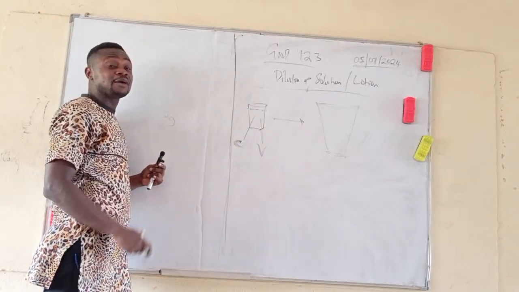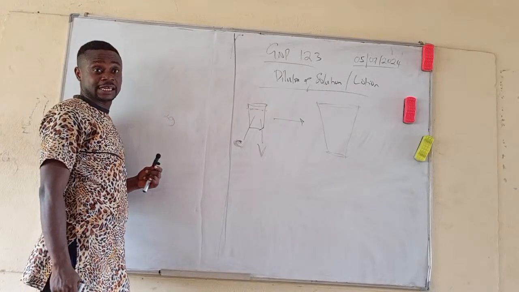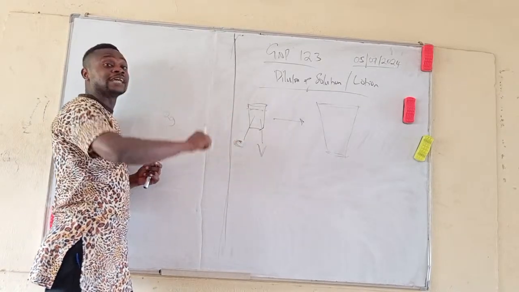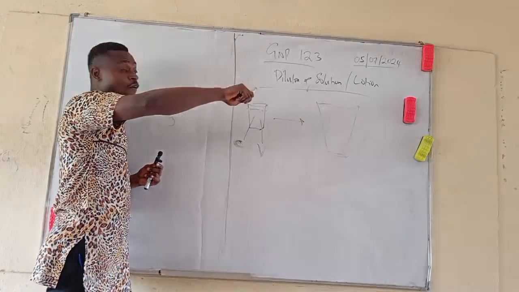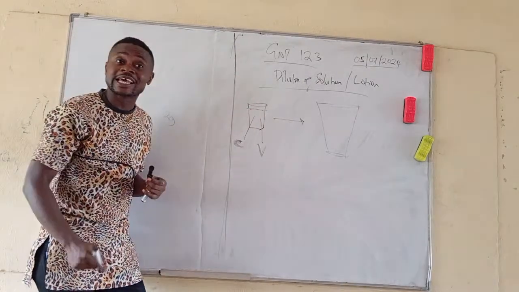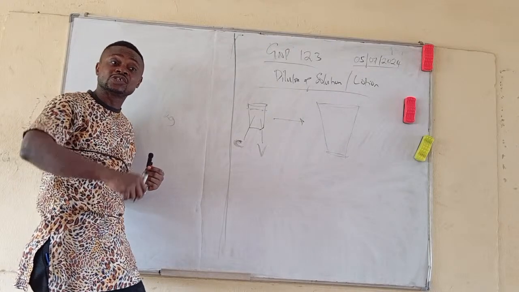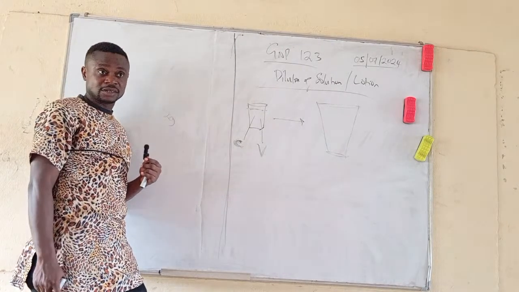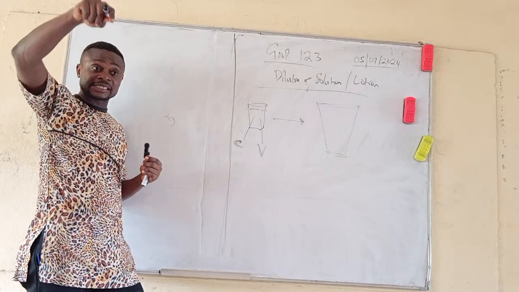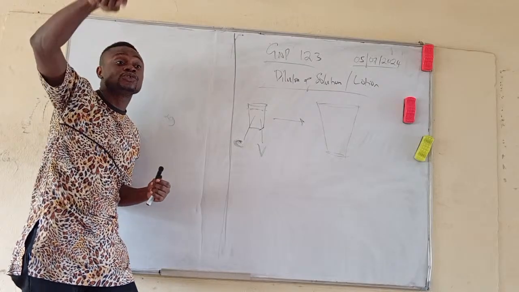Now if you pour 1 million liters of water in this to form another solution, solution B of this particular salt, that amount of salt inside that solution will not change. In that 1,000 liters of water you pour inside, it will still be the same. That same what? 2 grams.